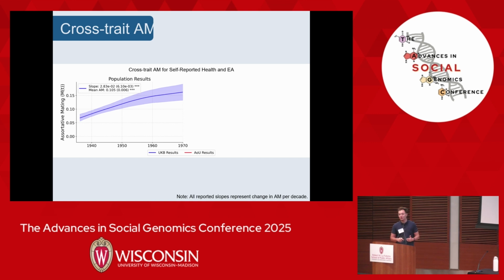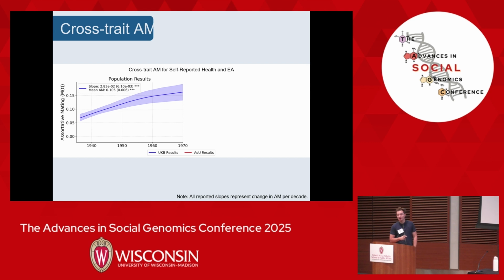Then we use the bootstrap to get a standard error on those linear regression slope estimates. If you look up here at the top of this legend, we see that our slope is positive and highly statistically significant, which means that we do say that assortative mating is increasing over time, cross-trait between self-reported health and educational attainment. So the mate PGI correlation is increasing over time.